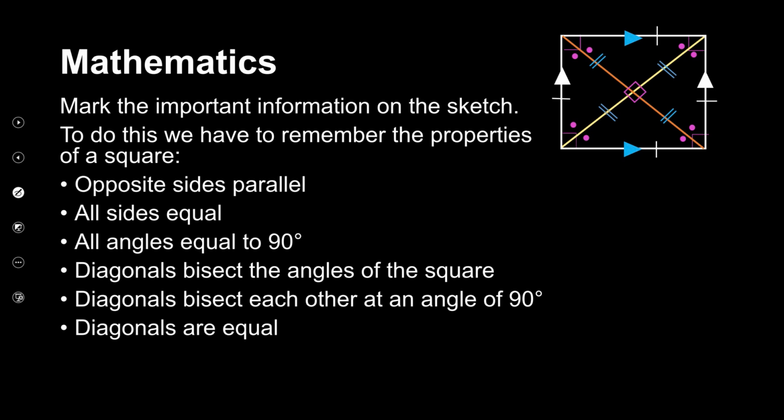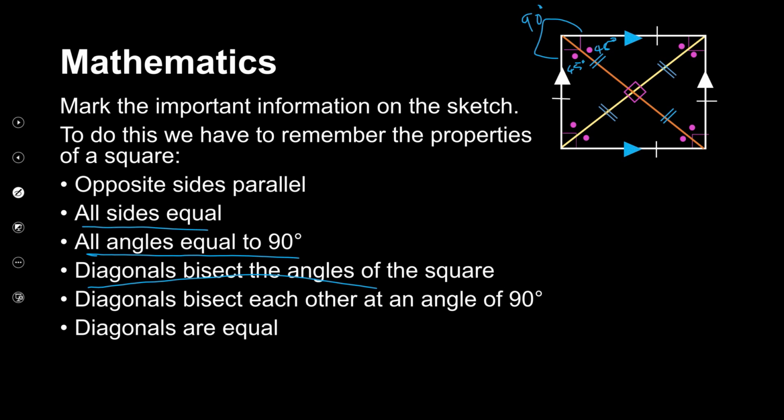So we know the opposite sides are parallel. Sorry, all sides are equal to each other. All angles are equal to 90 degrees. The diagonals bisect the angles of a square. So if the diagonals bisect the angles, it makes this 45, it makes this 45, because in total, this is supposed to be 90 degrees.